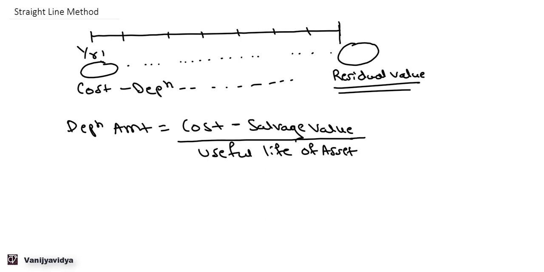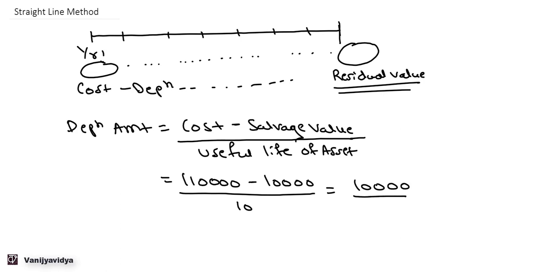So let's take one example. Let's say the cost is 1,10,000, minus salvage value of 10,000, divided by useful life of the asset of 10 years. So your amount of depreciation is 10,000 every year. Now let's calculate the rate.